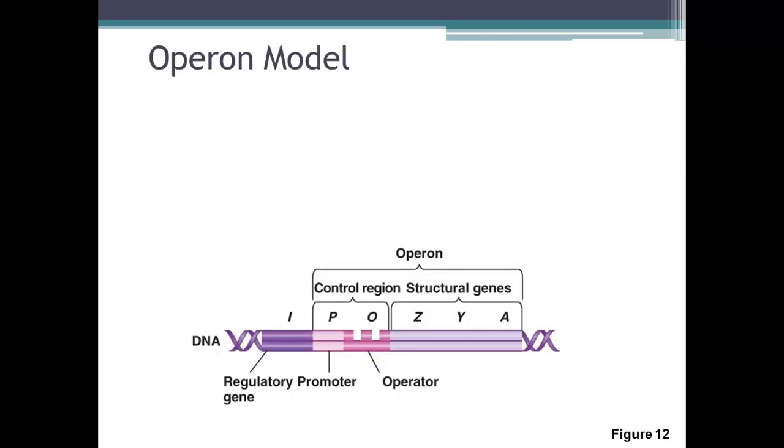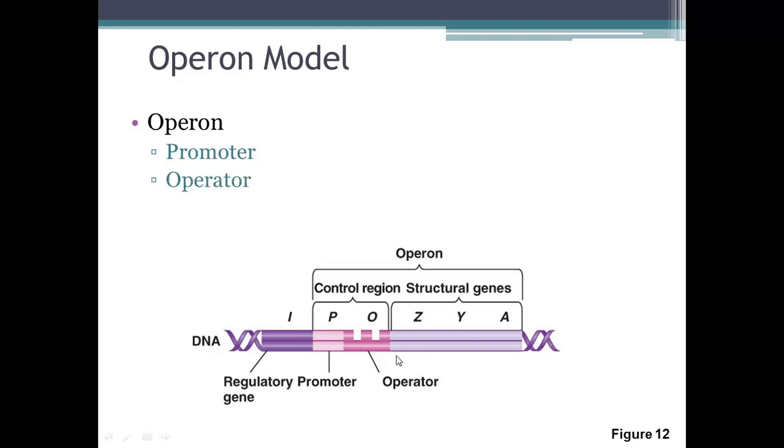The operon model. The operon has three components. The promoter. The promoter is the DNA segment where the RNA polymerase binds and starts transcription. So here, you see your promoter. The operator.